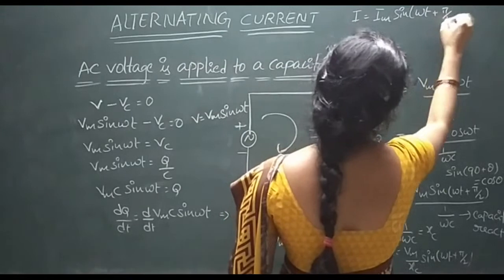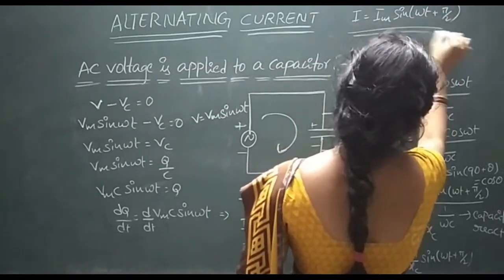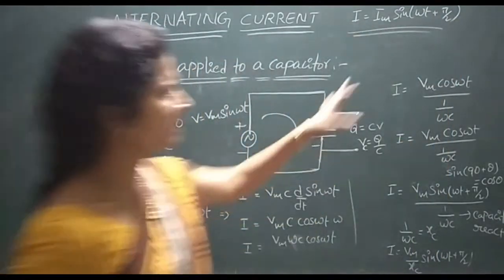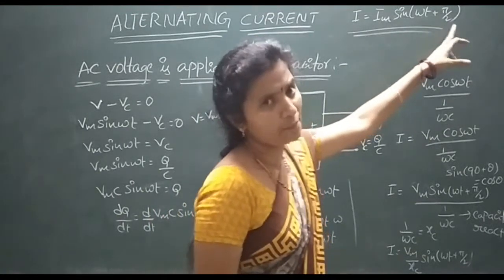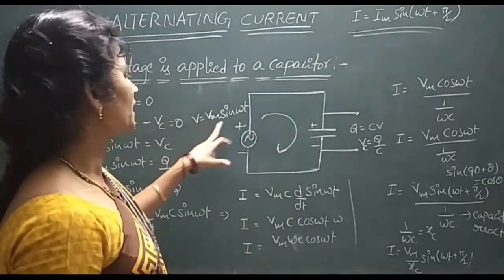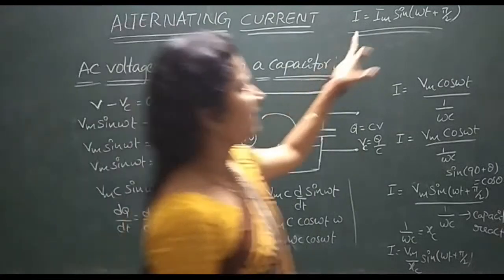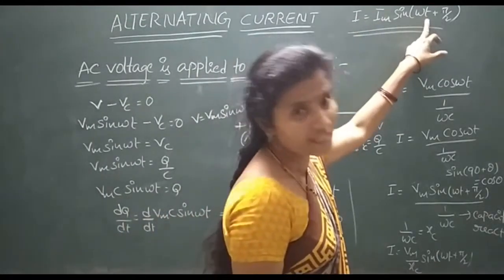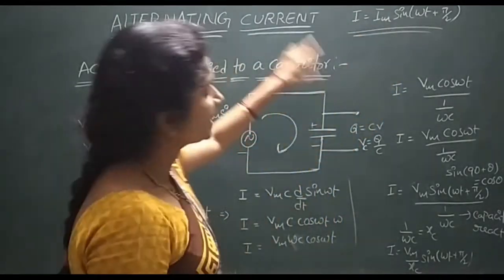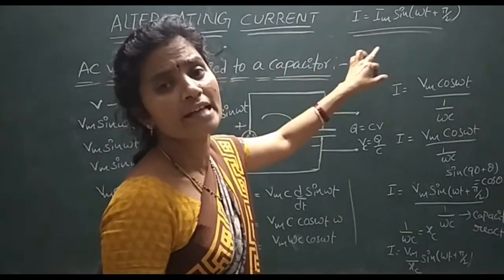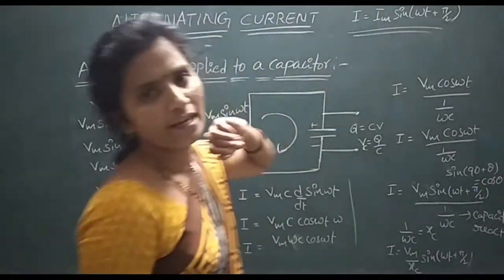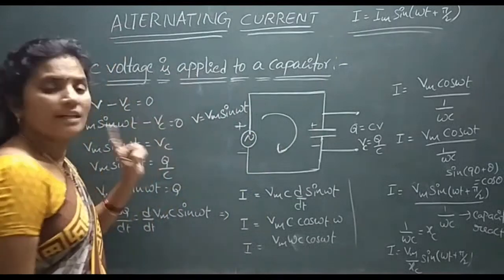From this equation, we observe that the voltage is Vm sin omega t and the current is sin of omega t plus pi by 2. So the current leads the voltage by pi by 2 radians in the capacitor.